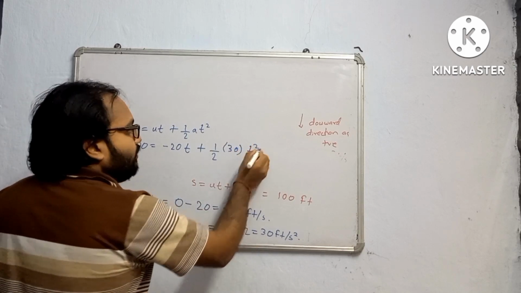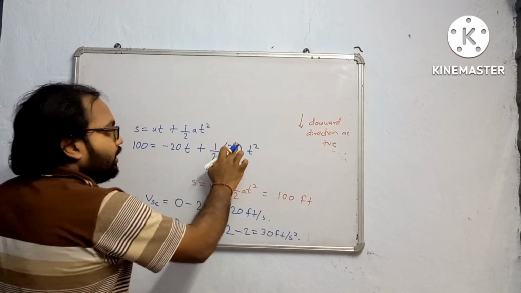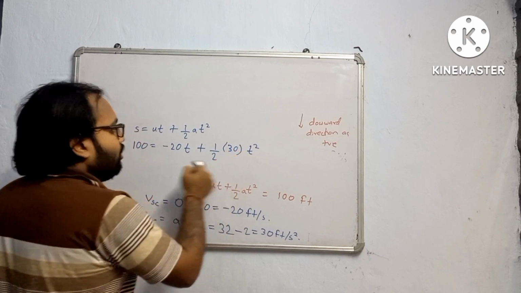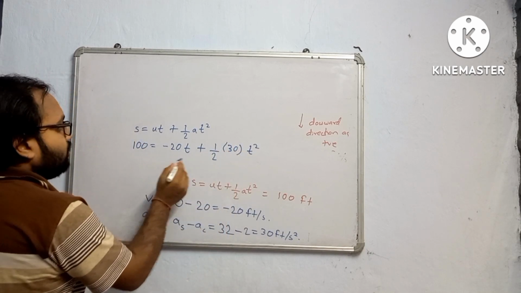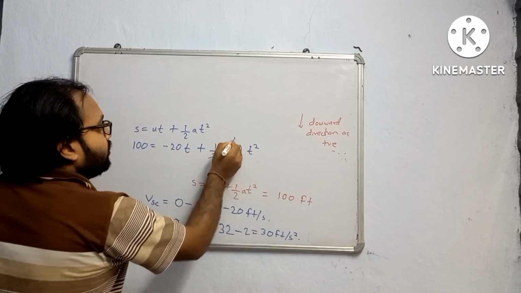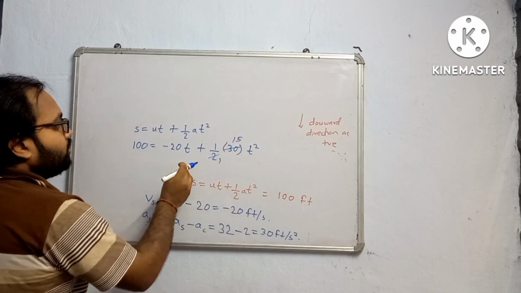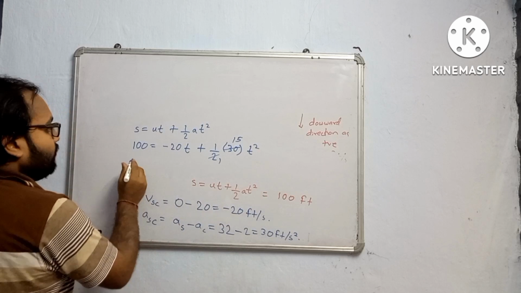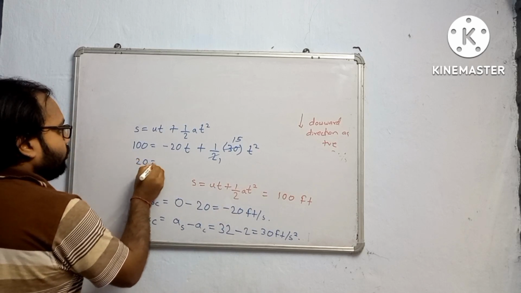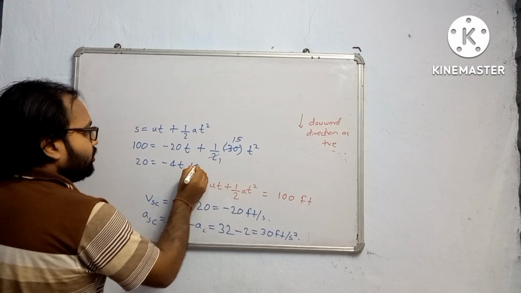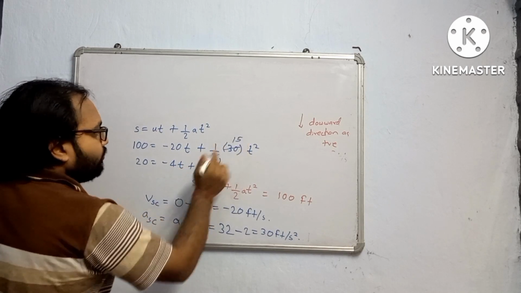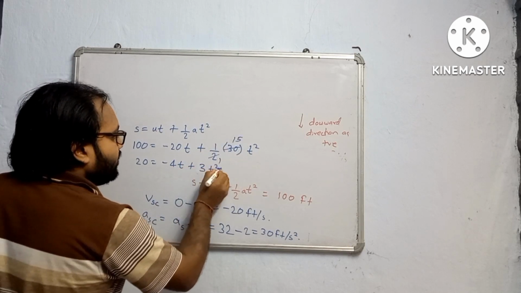T we don't know, we have to find the time elapsed before it hits the cage. So we will solve this quadratic equation and get the time. Let us solve. 2 1s are 2, 15s are. Divide the complete thing by 5, you will get 20 is equal to minus 4t plus, divided by 5, it will become 3t square.